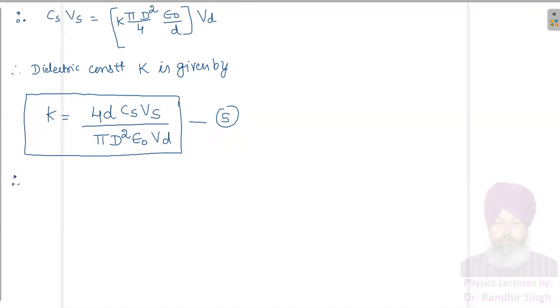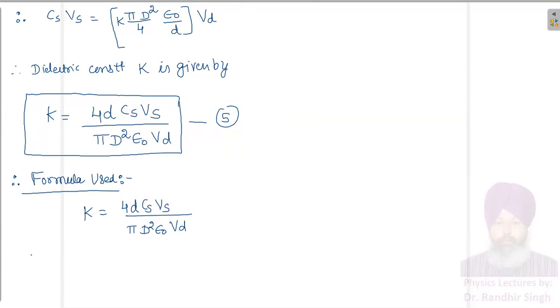So equation number 5 is the formula used. I have already given the theory of the experiment, and the formula used is K equal to 4d CS VS upon pi capital D square epsilon naught VD, where small d is the thickness of the wooden disc.